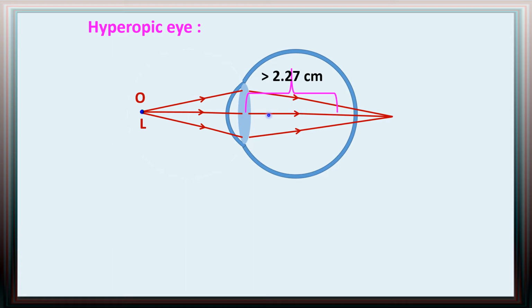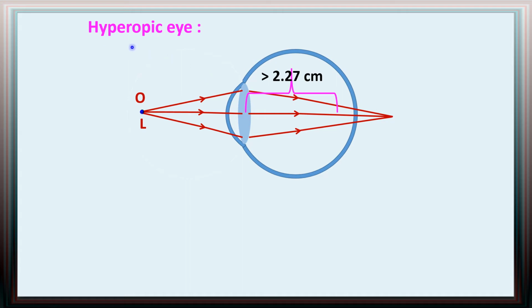From here to here, it is greater than 2.27 centimeters. Imagine like that: previously, the focal point was somewhere here. Now the focal point has been shifted to here, isn't it? So the focal length has been increased in this case.